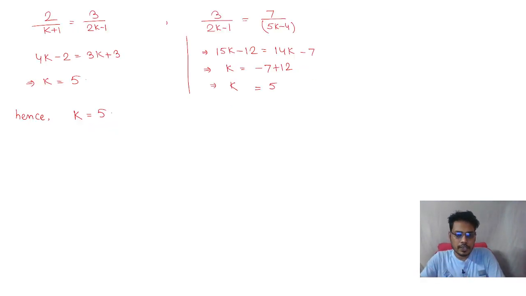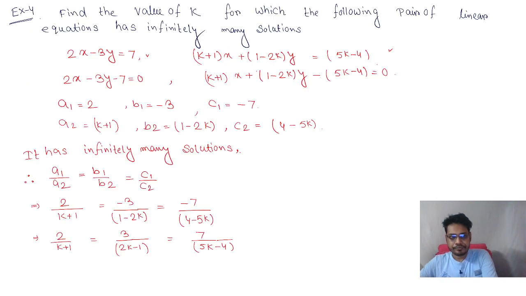First compare these two, and then let's check another. First comparing these two, you will get k is equal to 5, and from the second and third, 3 by (2k minus 1) equals 7 by (5k minus 4). If you cross multiply, you will get k is equal to 5 also. So here you get that k is equal to 5.